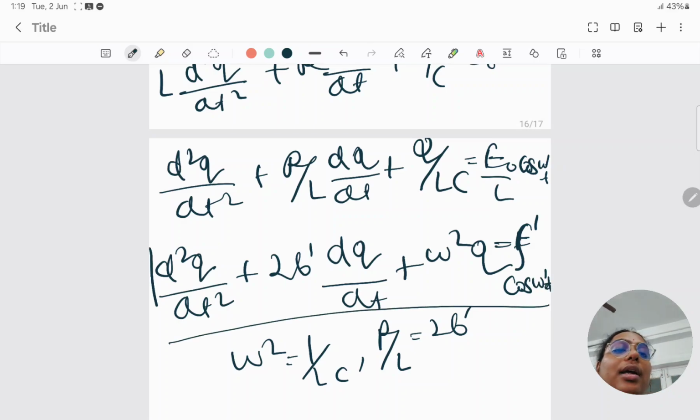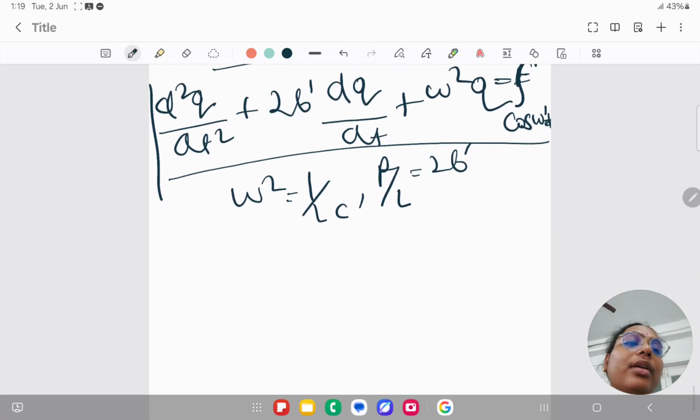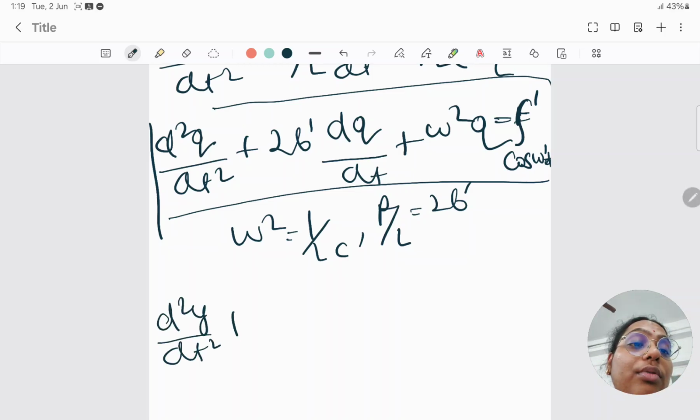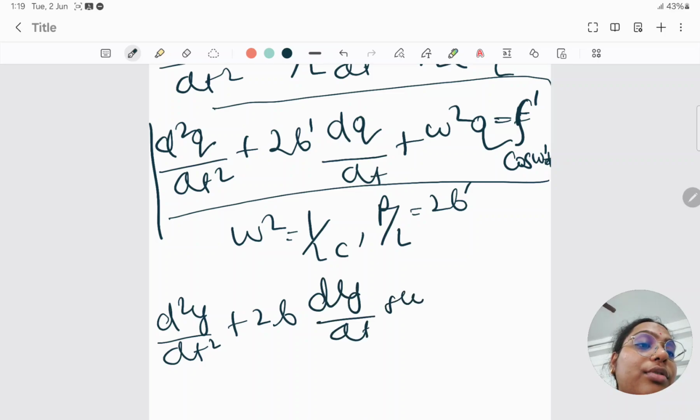So this is equivalent to the differential equation of a forced vibrator for a mechanical oscillator. What is the differential equation for forced vibrator? It is d2y by dt square plus 2b dy by dt plus omega square y is equal to f cos omega dash t.